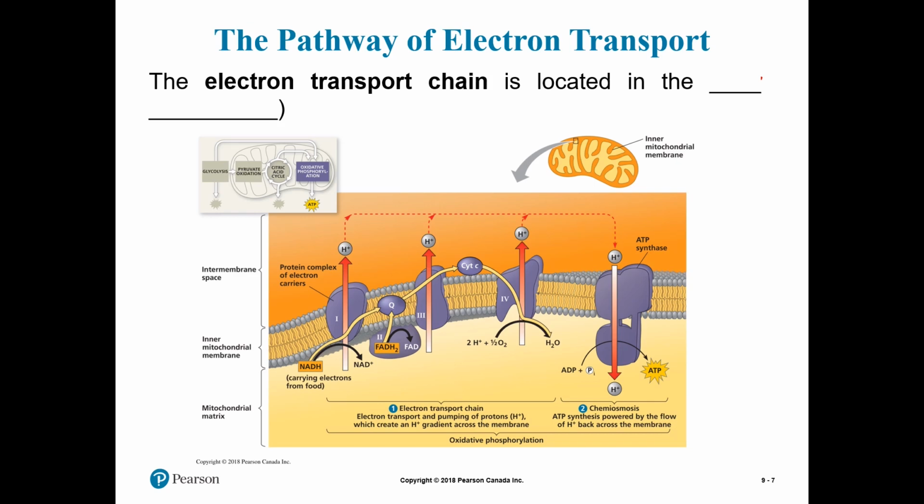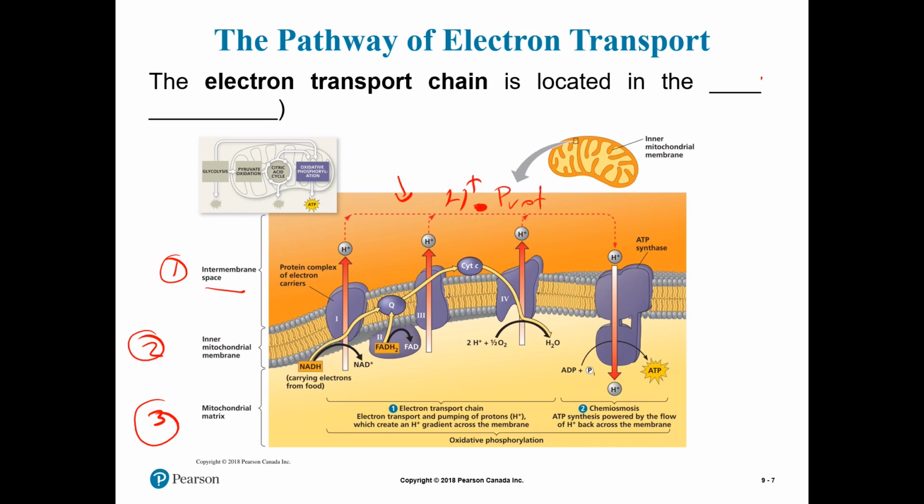One important thing that I wanted you to remember is that the mitochondria has three main compartments. One is the intermembrane space, and here is where all the hydrogen, all these protons, will be located.